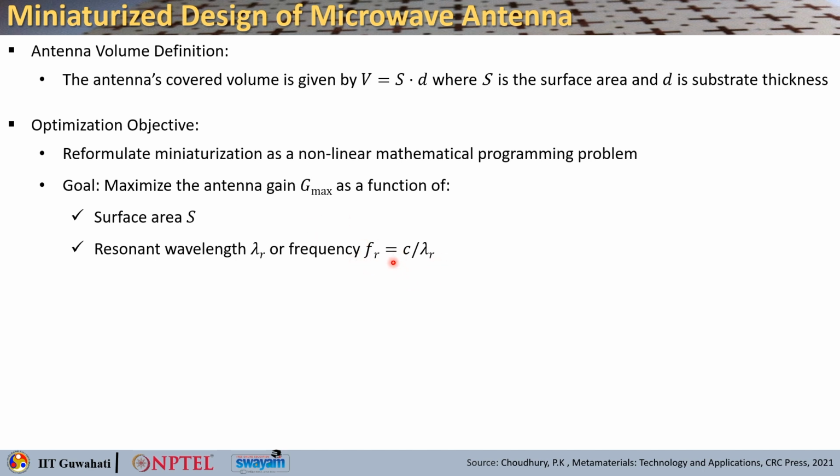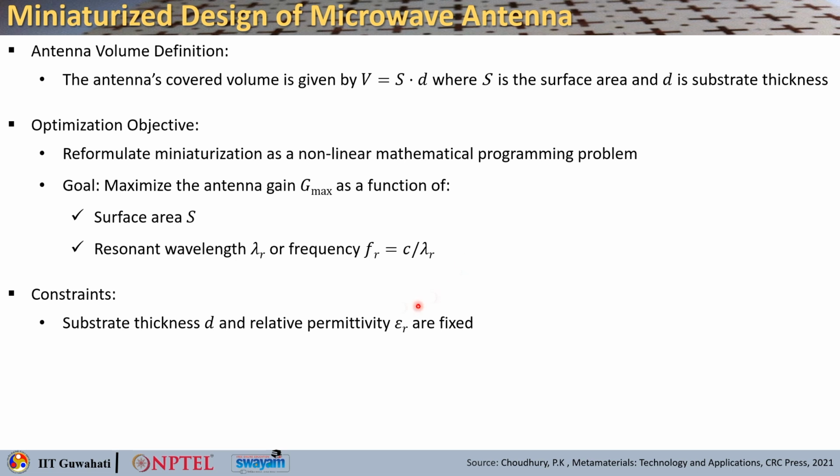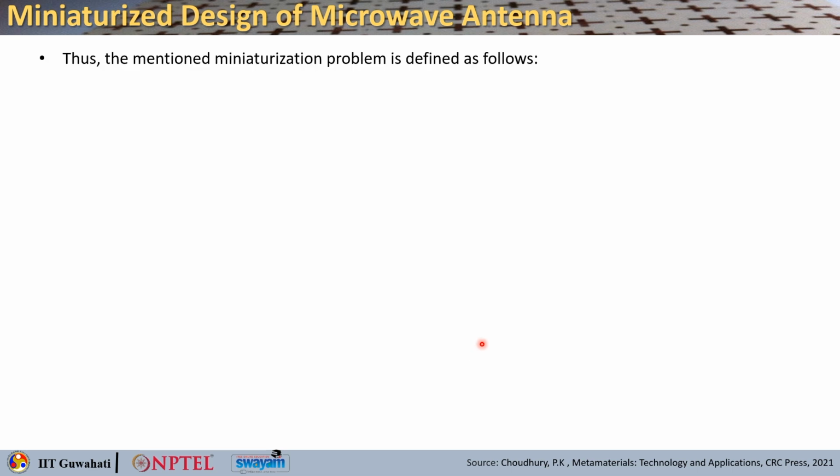So, you have reformulated the miniaturization problem as a nonlinear mathematical programming problem. Okay. And here the constraints are substrate thickness d and relative permittivity epsilon r, which can be taken as the given fixed parameters. Thus, the mentioned miniaturization problem can be defined as follows.